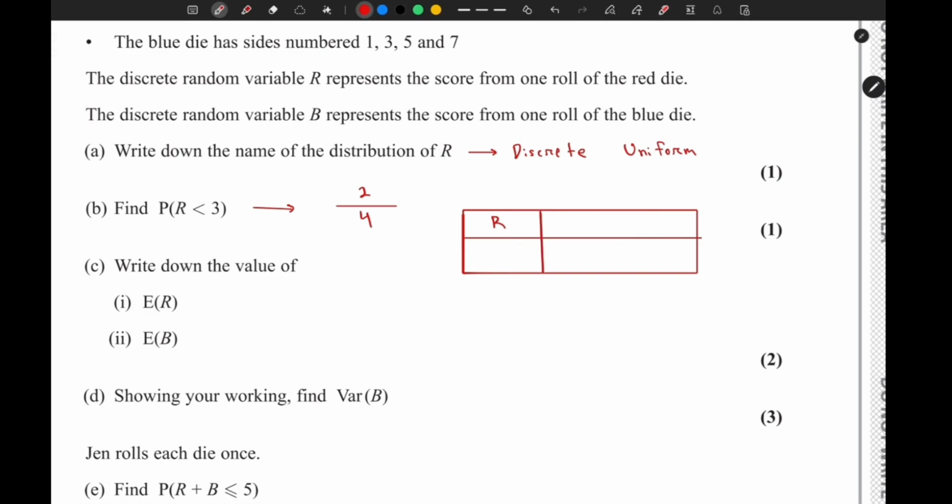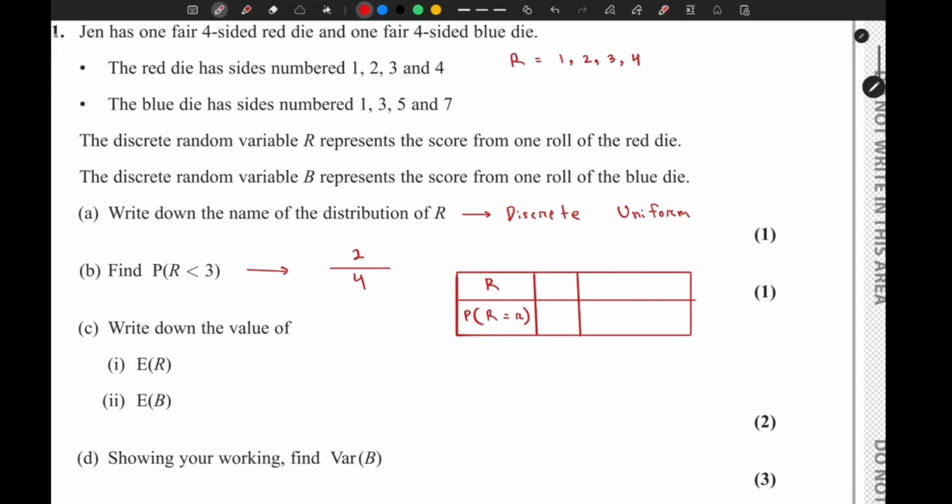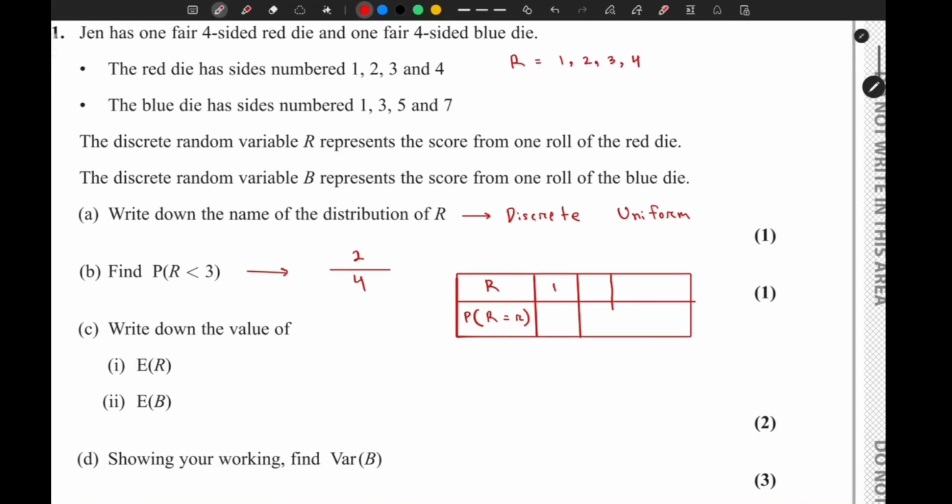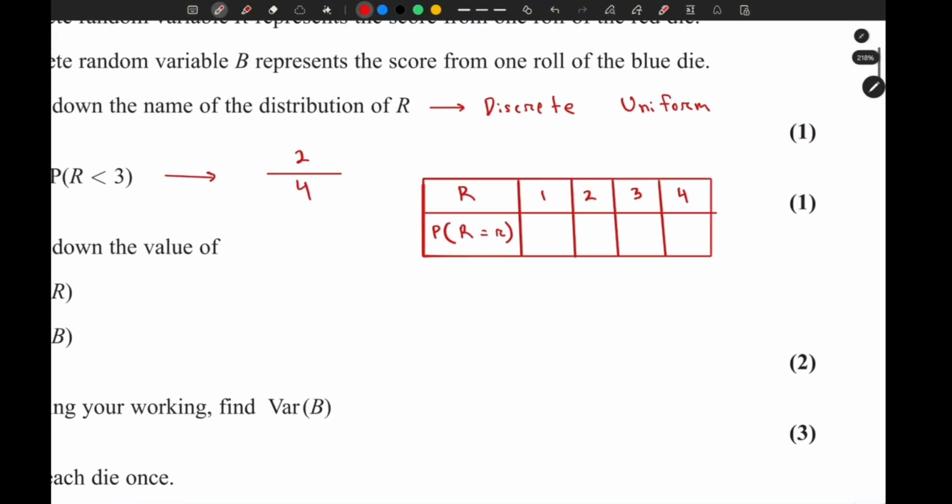This represents R, and this represents the probability of R equals r. The first value is 1, the second one is 2, the third one is 3, and the fourth one is 4. The probability of landing 1 is 1 over 4, and this is the same for the others: 1 over 4, 1 over 4, and 1 over 4.